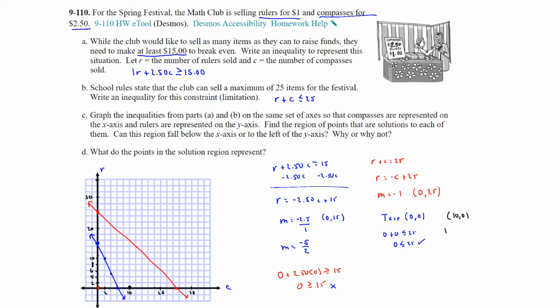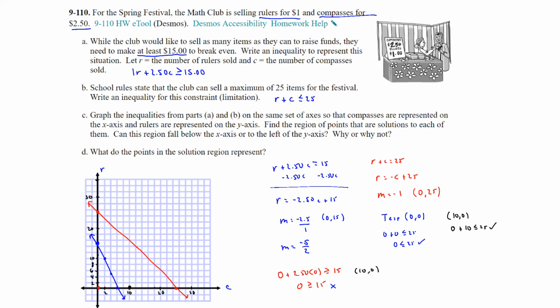That would be 10, or that'd be r, hold on. So 10 would be my x or my c, so this would be 0 plus 10 is less than or equal to 25. Well, yes, that is true. So that one works. Over here, if I test the point 10, 0, let's make sure I plug it in.